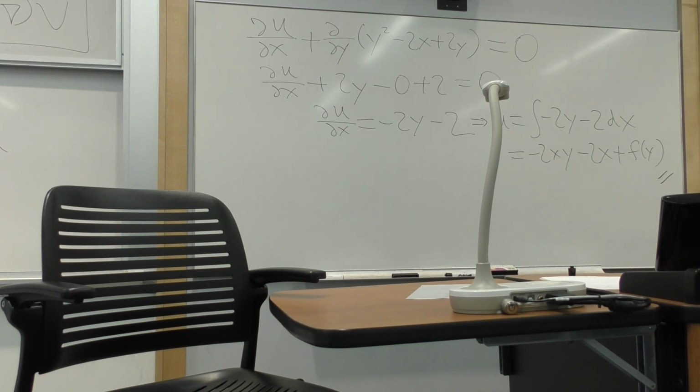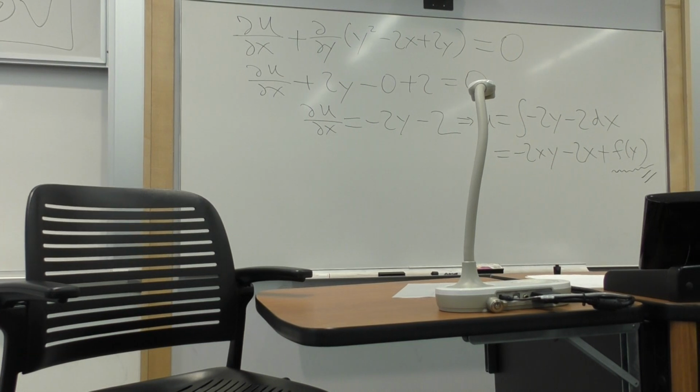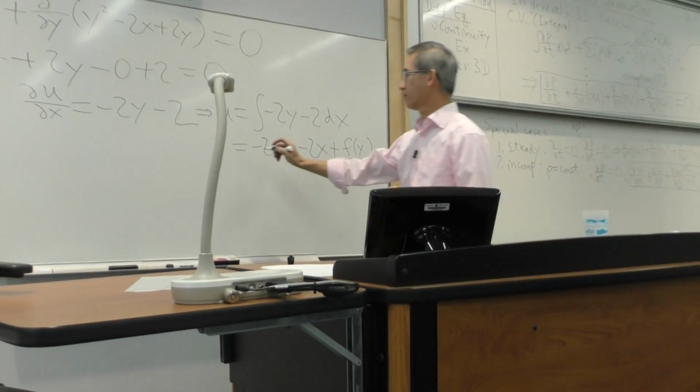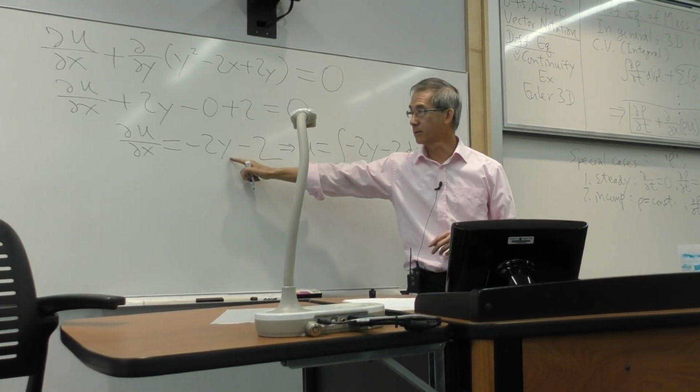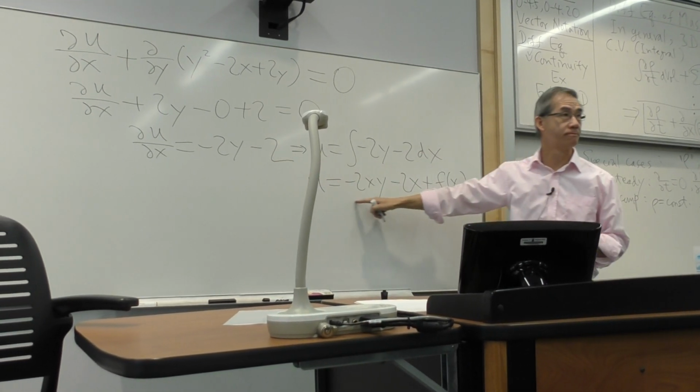Do you see that? Does that make sense? Why do I have to put a function of y at the end as opposed to just a constant? Do you see why? Well, if you're not sure, take the answer, which is this term, and differentiate it with respect to x, so that you get to this previous step.